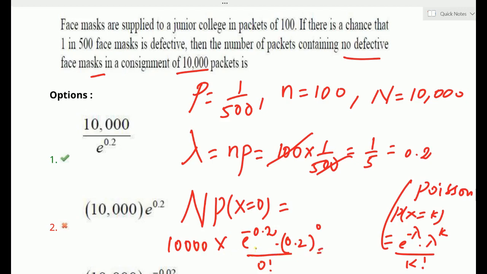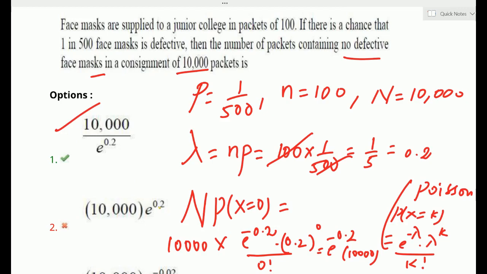So 10,000 e power minus 0.2 into 1 by 0 factorial, which is 1. That means 10,000 of e power minus 0.2. E power minus 0.2 is 1 by e power 0.2. Therefore, this is given as the first option: 10,000 by e power 0.2.